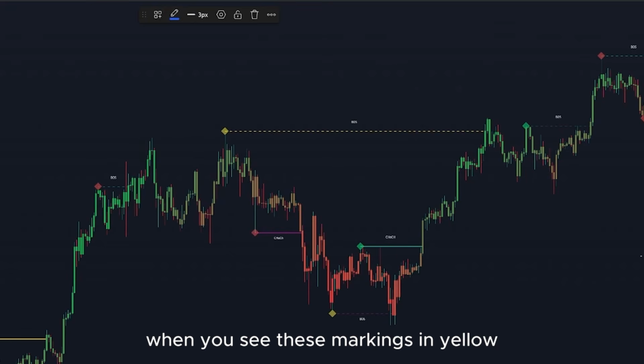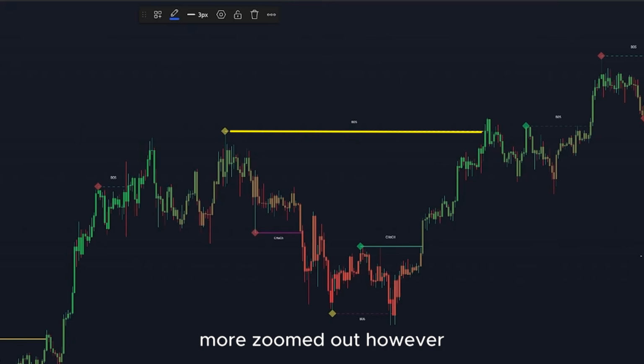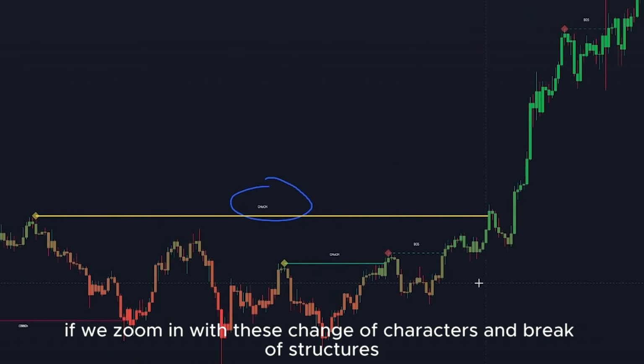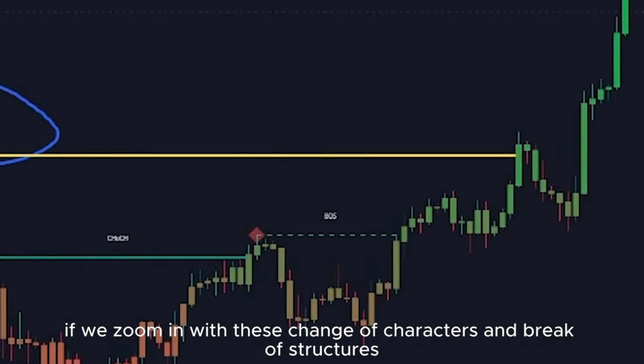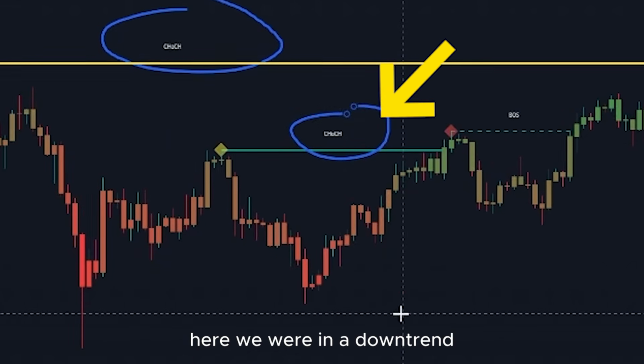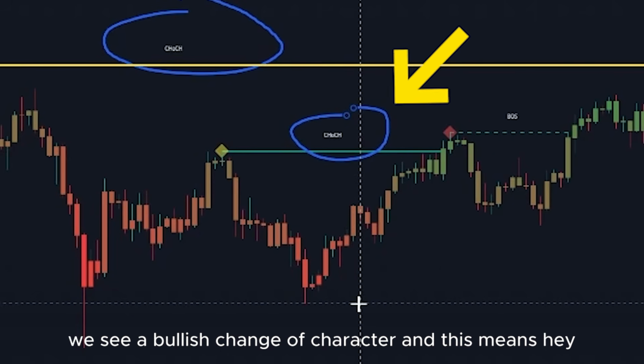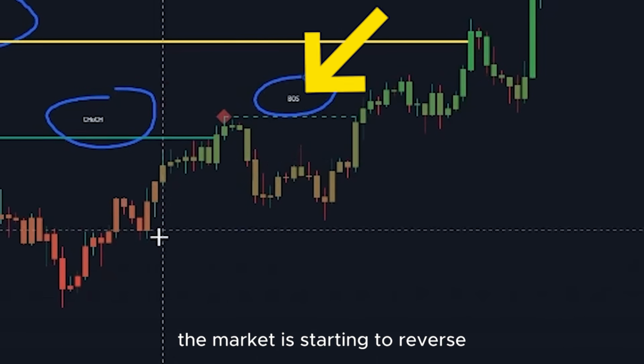When you see these markings in yellow, these are looking at the market from a more macro perspective, more zoomed out. However, if we zoom in, we can see change of characters and break of structures on a smaller level. For example here, we were in a downtrend. We see a bullish change of character, and this means, hey, the market is starting to reverse.